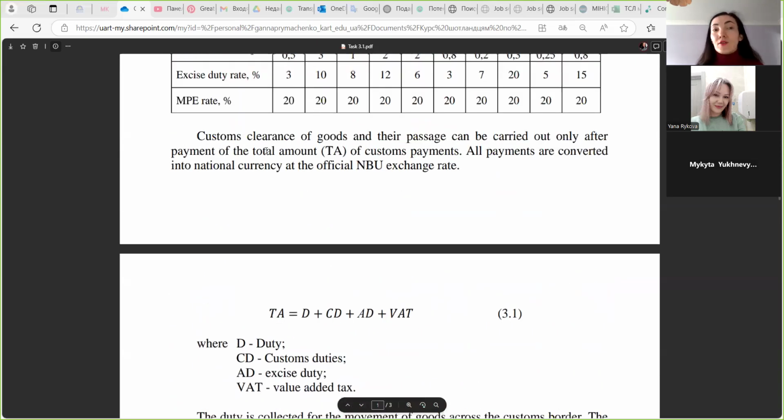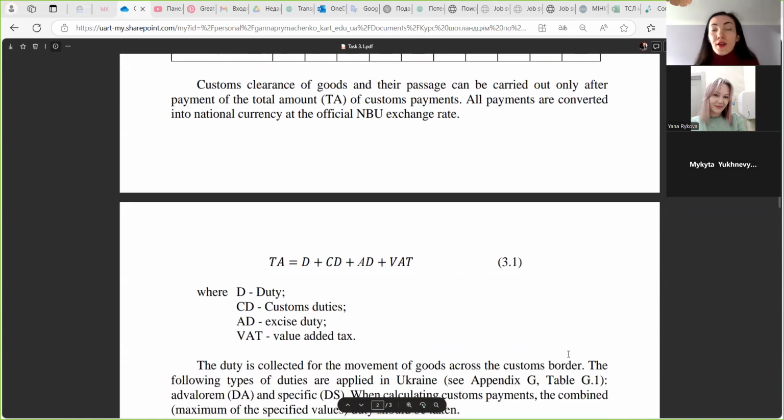The rule says that customs clearance of goods and their passage can be carried out only after payment of the total amount of customs payments. So we pay all these parameters calculated for our goods, and after it we can deliver it into the country. In our example, it is into Ukraine from other countries.